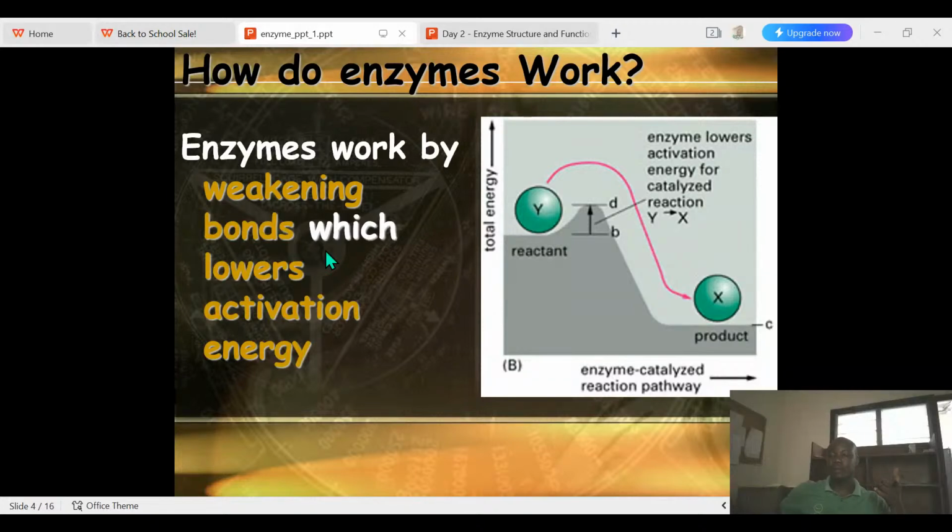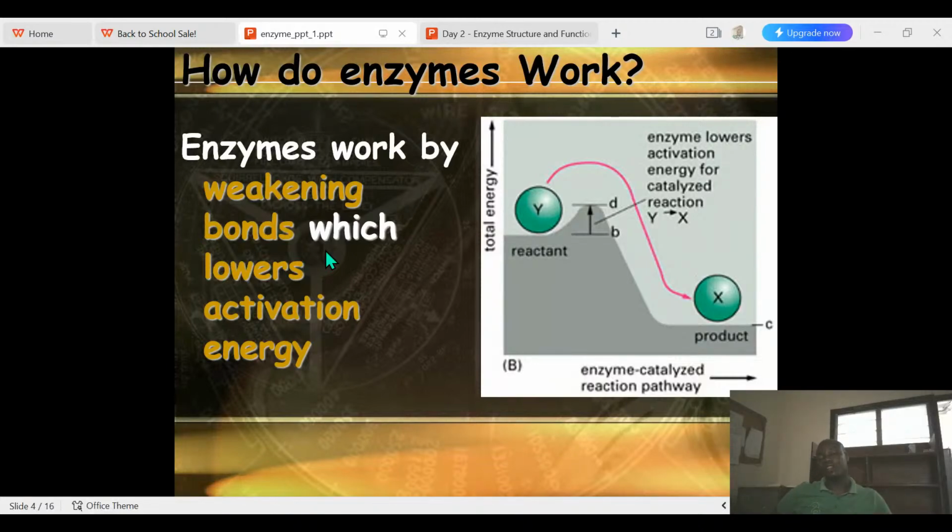Remember from our basic knowledge of chemistry, activation energy is the energy barrier that must be overcome before a reaction takes place. Before a substrate is converted into product, it must overcome that activation energy.